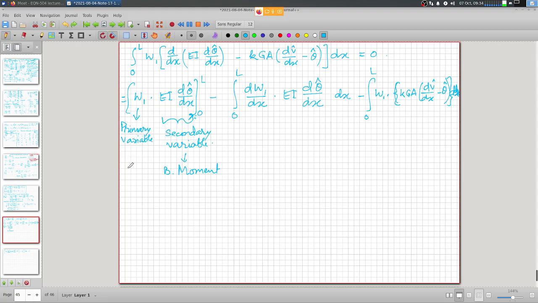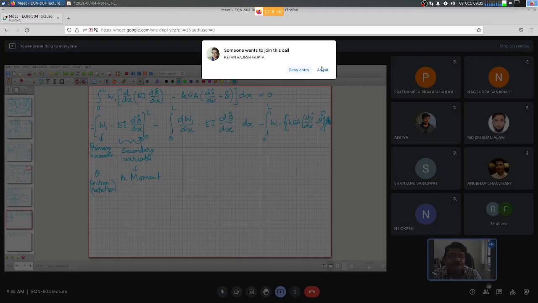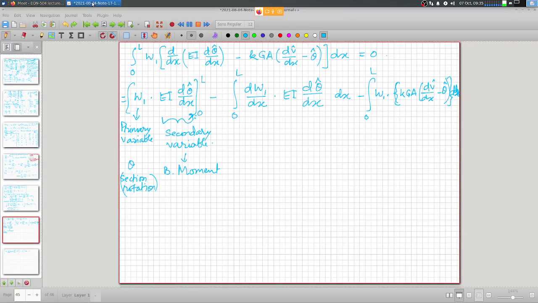So this is the primary variable of this term as well, that is section rotation. So this identifies the primary variable: one primary variable is the section rotation.